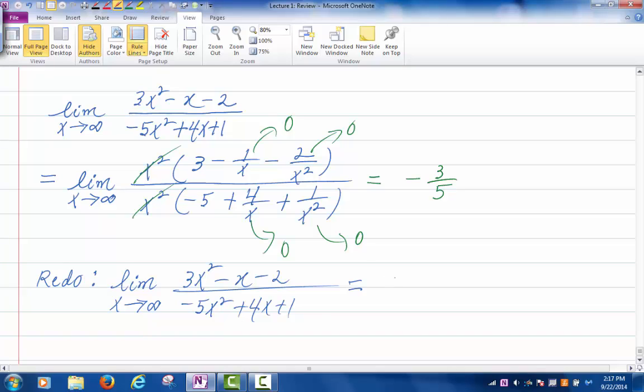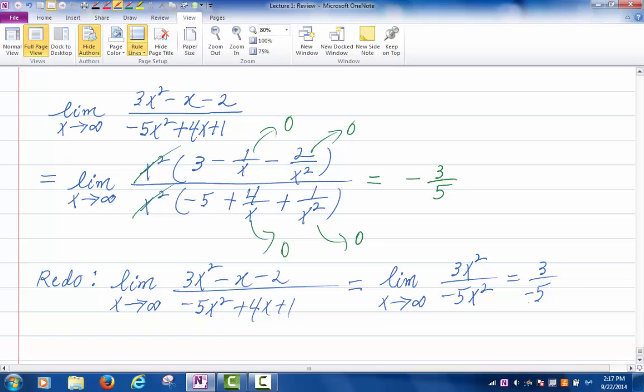So the limit here would be the same as the limit of the ratio of the dominating terms. You just take the dominating terms, cancel out the x squareds, and you're left with negative 3/5, right? Is that making sense? Just look at the dominating terms, simplify, you get the limit.